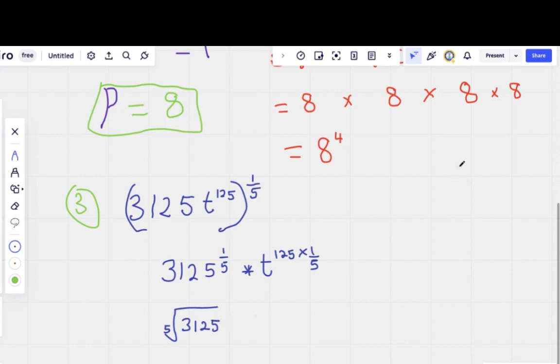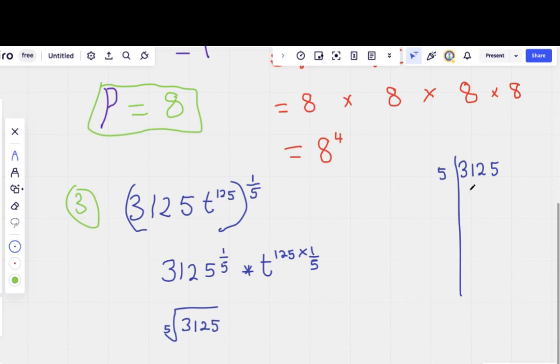So we can do a long division, or you can check the calculator for us. What's the fifth root of this number? I don't know how to put it on the calculator, so can I just do it manually?